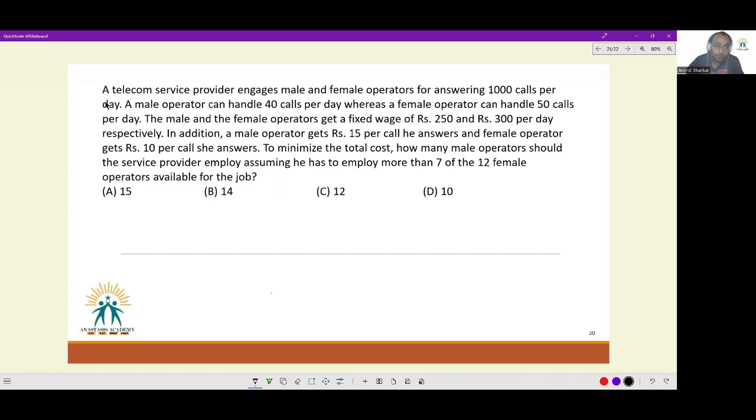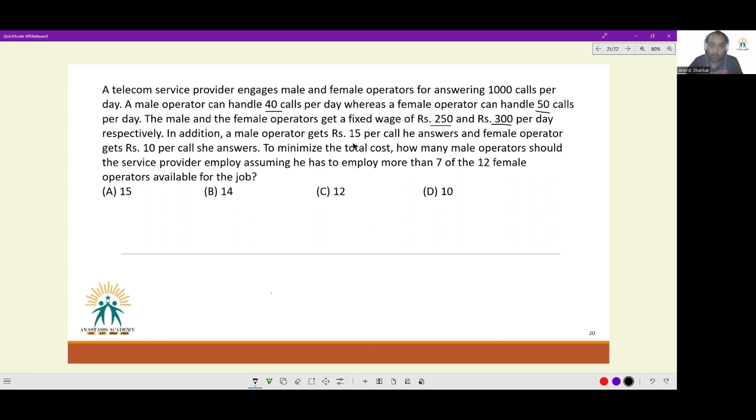This final question. A telecom service provider engages male and female operators for answering 1,000 calls per day. A male operator can handle 40 calls per day, whereas a female operator can handle 50 calls per day. The male and female operators get a fixed wage of 250 and 300 per day.